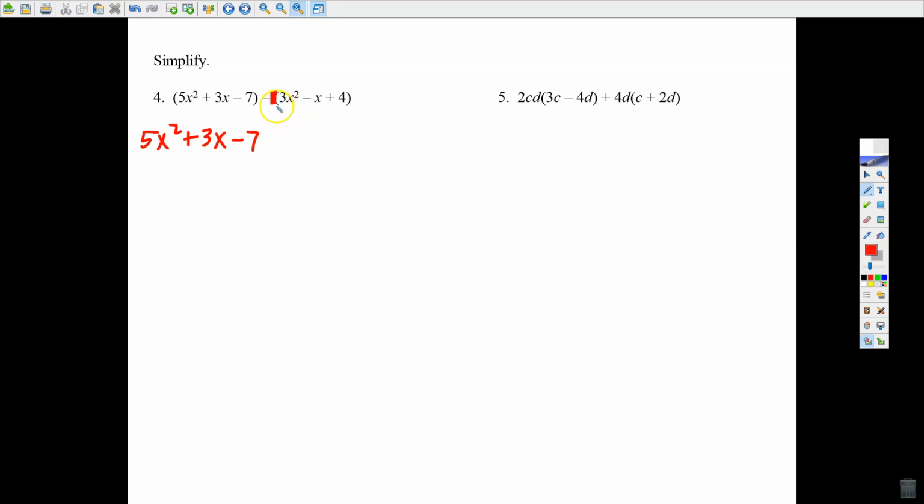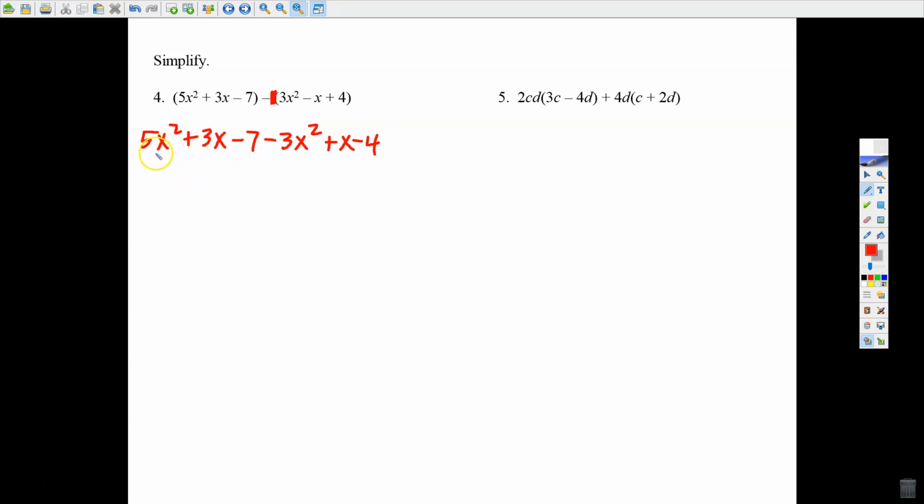But to get rid of the parentheses, distribute negative 1 to each term. So negative 1 times positive 3x squared, negative 1 times negative x, that's positive x, and then negative 1 times 4. And now I'm just going to group like terms. I'm going to put like terms together, adding or subtracting the coefficients of like terms. That's how we put them together.